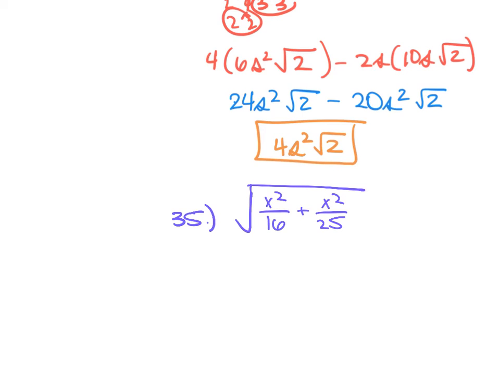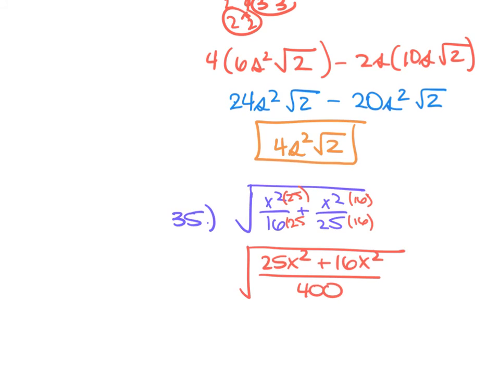They don't share any common factors, so you're most likely going to have to multiply the two to find your least common denominator, which would be 400. So if that's the case, you are going to multiply the top and bottom of the first fraction by 25, top and bottom of the second fraction by 16. So this is going to be 25x squared plus 16x squared all over 400. And we're taking the square root of that.